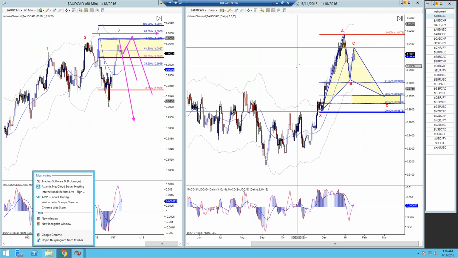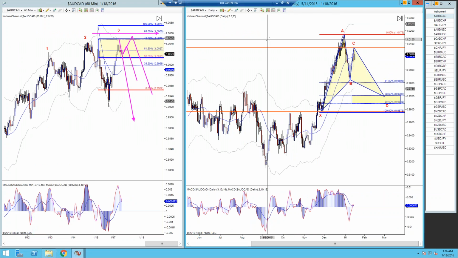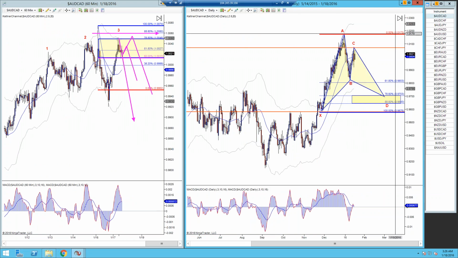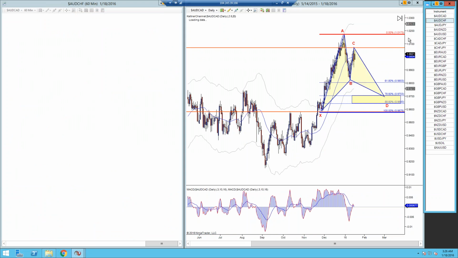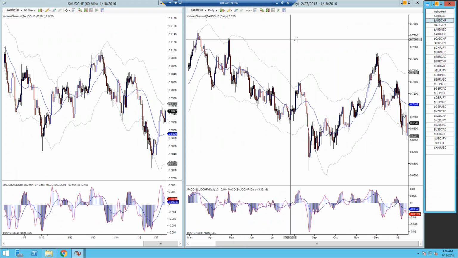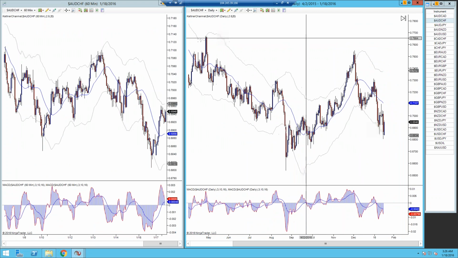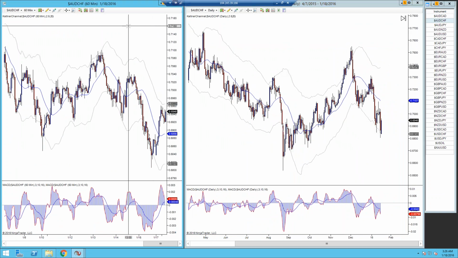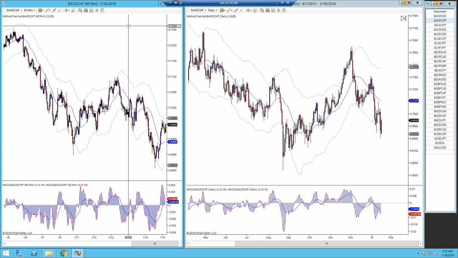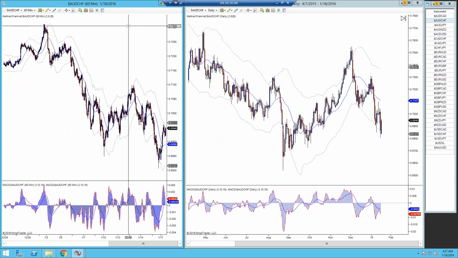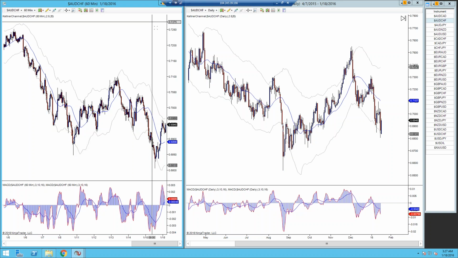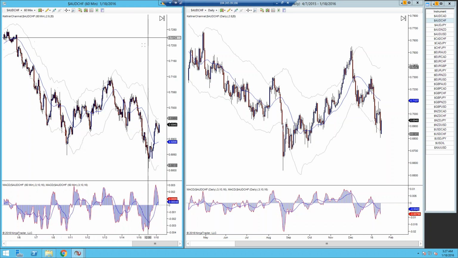Okay, guys, so looking for this to eventually turn itself to the downside. That's the AUDCAD. We're going to go to AUDCHF. Let's take a look at the charts, see what we have, right? And this market looks completely different. And how I look at the markets, I look at everything completely different. One chart has nothing to do with the other.